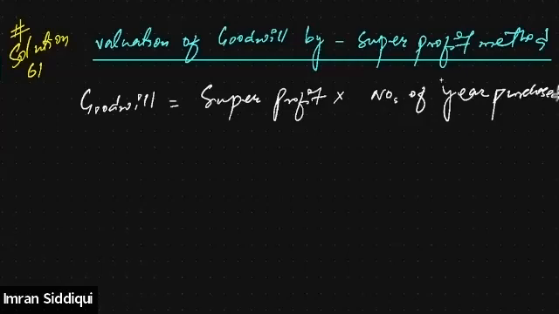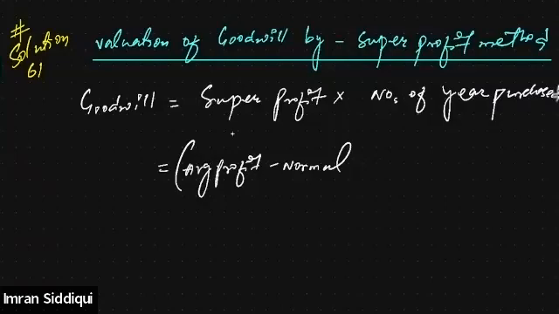Then to determine the super profit, we will apply a different formula, which is average profit of the firm minus the normal profit of the industry, right? And then we will multiply this with the number of years purchase.